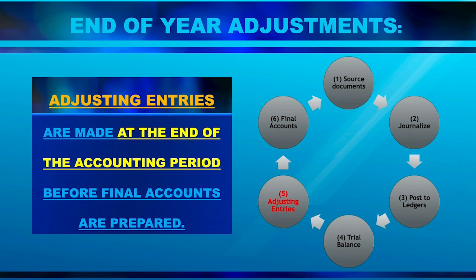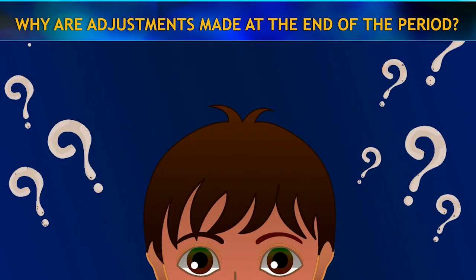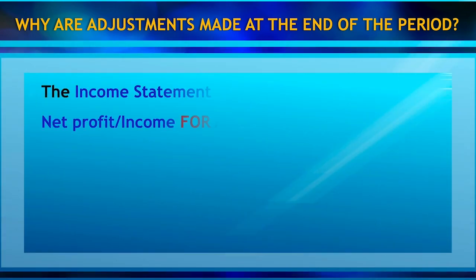However, with the trial balance, that is done at a specific point in time where you list all your debits and your credits and it's supposed to balance. That is how the adjusting entry is, that we do not do it for each transaction like the journals and the posting to ledgers. We do it at the end of the period and right before we go into the final accounts. So why are adjustments made at the end of the period?